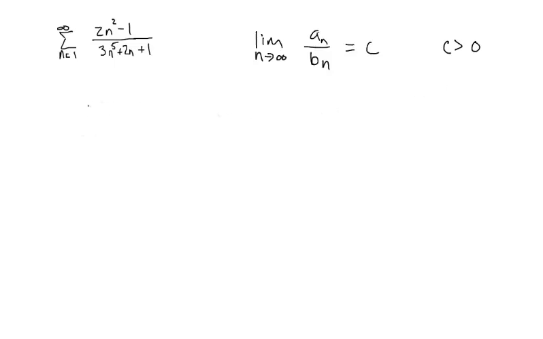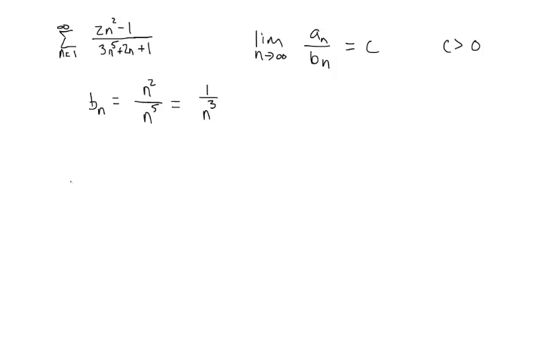So we're going to say that in this problem, b sub n is equal to n squared over n to the fifth. So I took the n with the largest exponent out of the numerator and the denominator, and I made it my b sub n. And we can simplify this to 1 over n cubed.